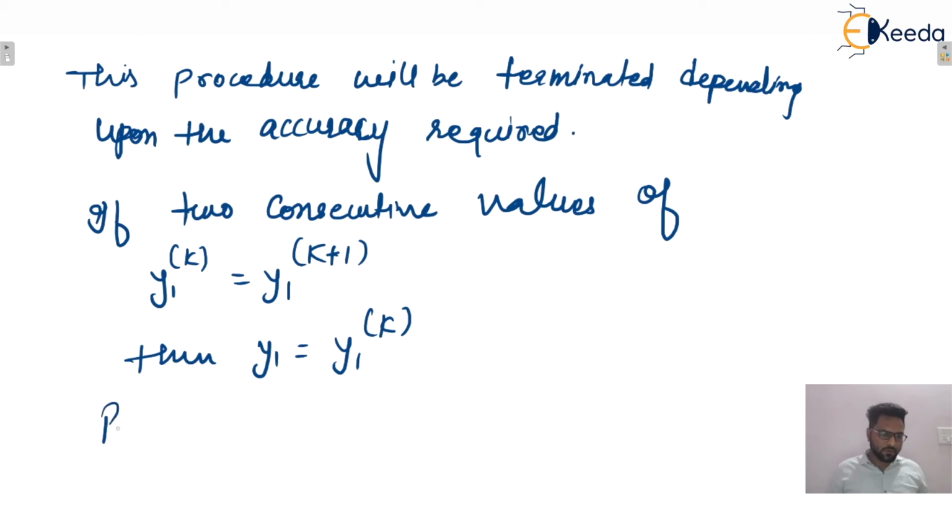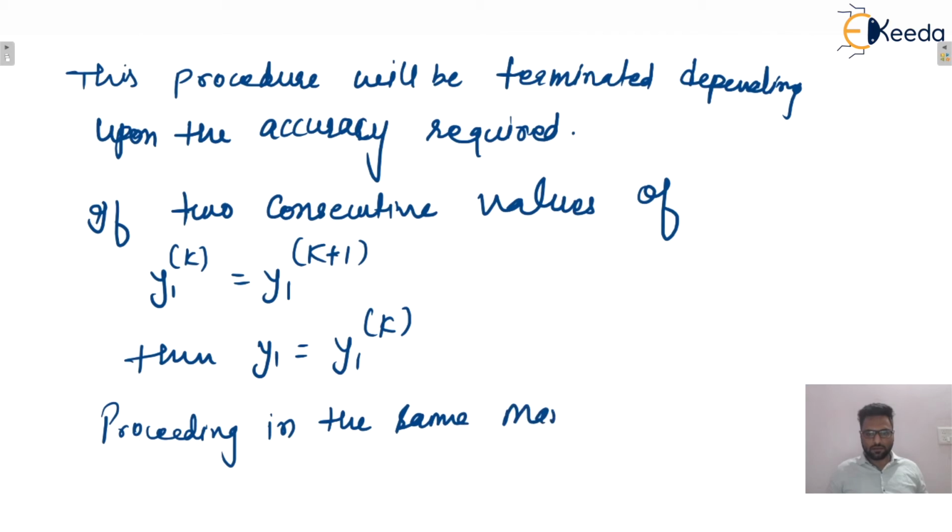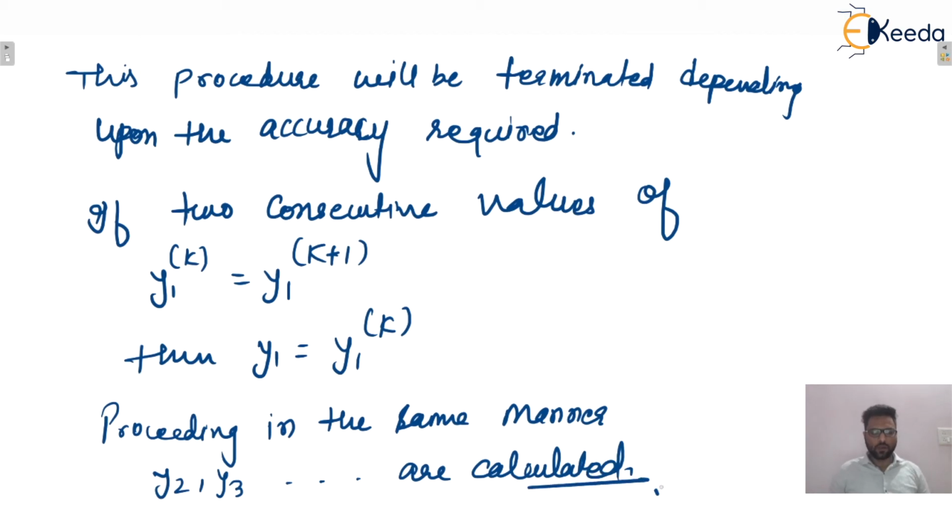Proceeding in the same manner, y2, y3, and so on are calculated. That is the modified Euler's method.